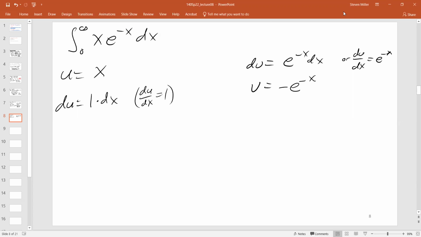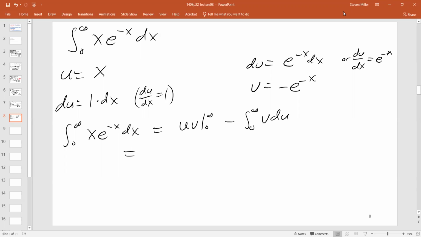So our integral from 0 to infinity of x e to the negative x dx is going to be equal to uv at 0 infinity minus the integral from 0 to infinity of v du. I'm just writing that extra line to go really slow, to have everything in front of us. The more of these problems you do, the faster you go. I have been doing these problems far longer than you've been alive, so at this point I don't need to write this down anymore.